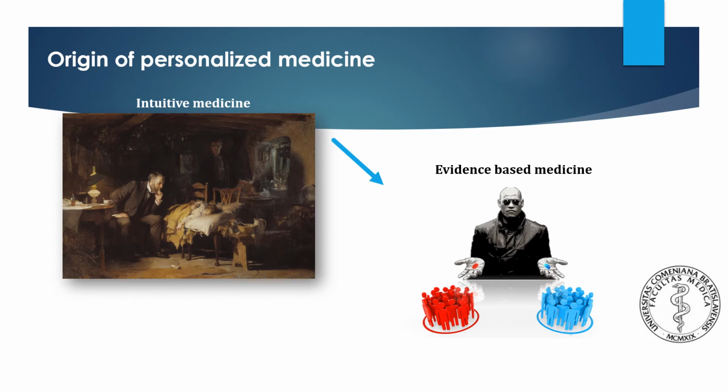Then, with the advancement of science and the development of proper double-blinded clinical trials, we started to have evidence-based medicine, so we knew which drugs are efficient or non-efficient for a particular disease.